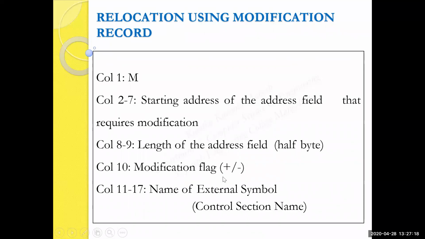Further, we also include information about the modification that is to be done, which is indicated in the modification record via a modification flag, indicating whether we have to add or subtract the value of the external symbol to do the necessary modification.